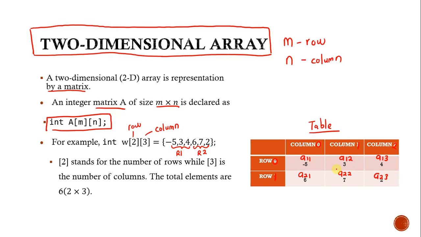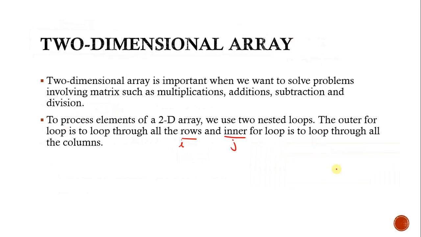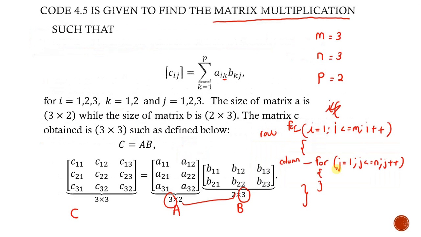Okay, let's look at what type of problem we want to solve. So what is the size of A? Let's say this is my matrix A, which is 3 by 2. Maybe we can use 5, 3.